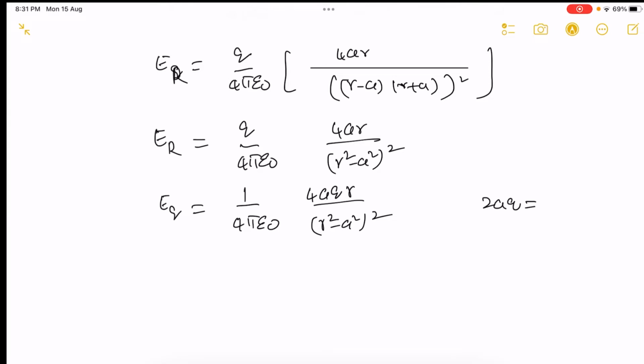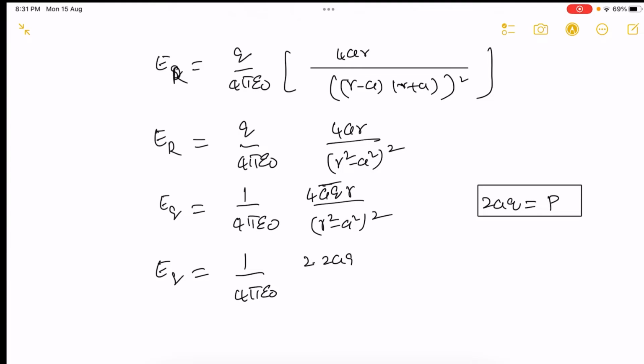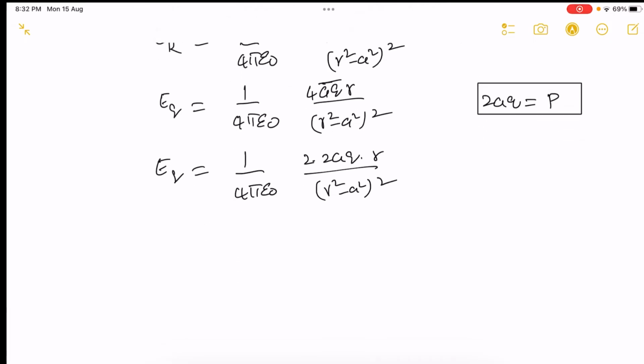Introduce one of the formulas: 2aq is equal to what? P. Look here, aq is there and 4 is 2 into 2, so that is 1 by 4 pi epsilon naught 2 into 2aq r by r square minus a square whole square.